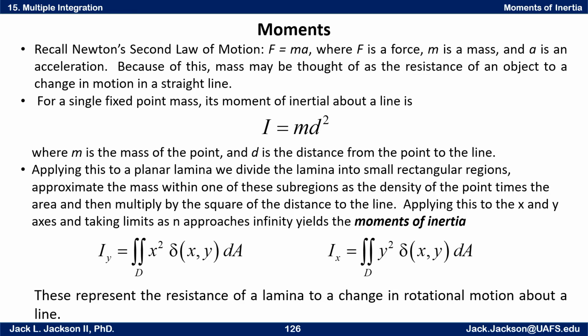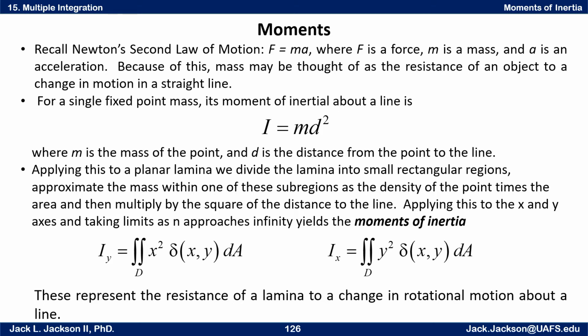Then we multiply that by the square of the distance to the line. We do this for each one and add those up. That's not quite the moment of inertia. We want to take a limit as delta x goes to 0 and the number of rectangles goes to infinity. Now we have a double integral, and that is the moment of inertia.